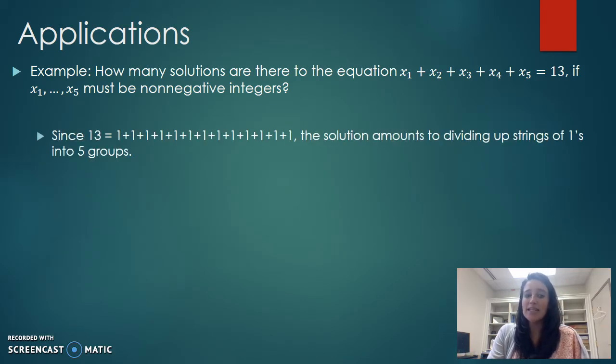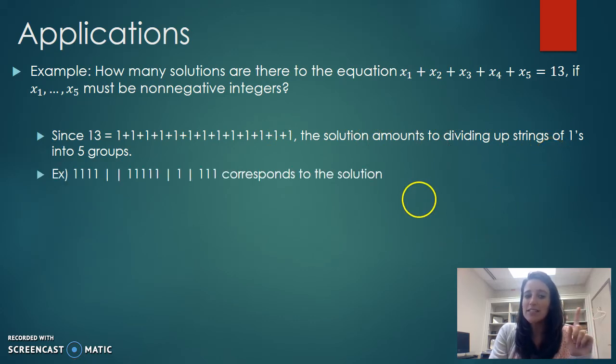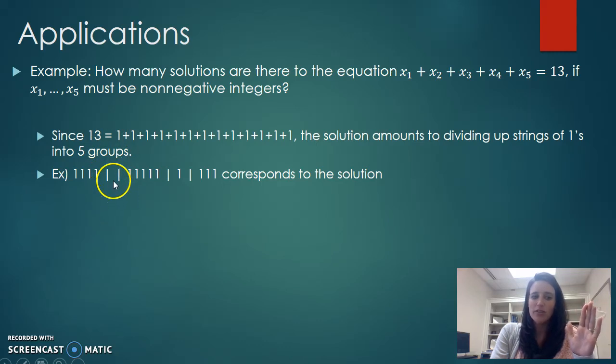And we think about breaking down 13 into units, into ones. So 13 is the same thing as 1 plus 1, 13 times. And so the solution amounts to dividing up strings of ones into 5 different groups. For example, if we take 1, 1, 1, 1, and then we use a vertical line to separate that group, then I've got an empty space and another vertical line, so no ones right there.